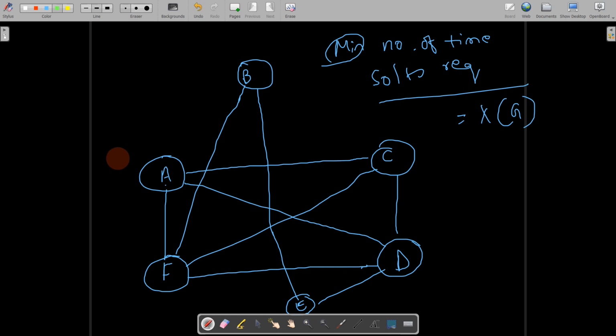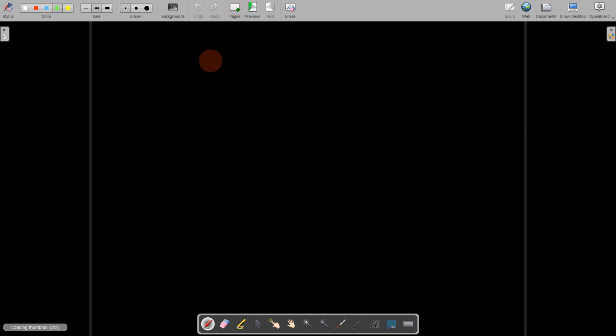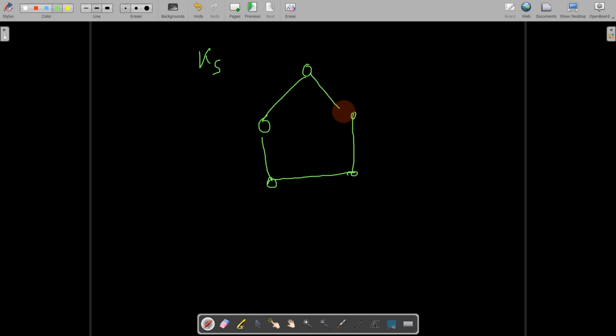First we will write the degree of the graph. So why am I writing the degree of all the nodes in the graph? Because there is a concept: if there is a subgraph of this original graph that is a complete graph, for example K5, that is a complete graph on 5 vertices, 1, 2, 3, 4, 5.